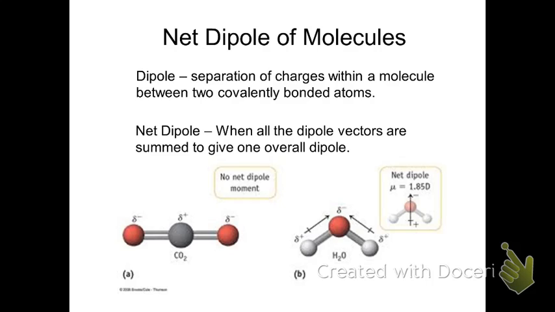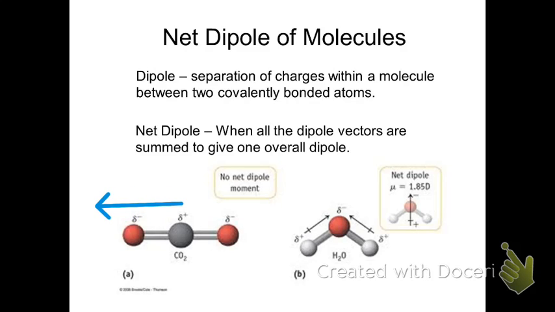And so here's a couple of examples. Okay, one is CO2, and you see it says it has no net dipole moment. And so you might ask yourself, well, how could that be? Because after all, if you were to look at this molecule, you could look at the carbon in the middle, carbon dioxide, and you could say, oh, well, oxygen is more electronegative than carbon, so I'm going to draw a vector that way.